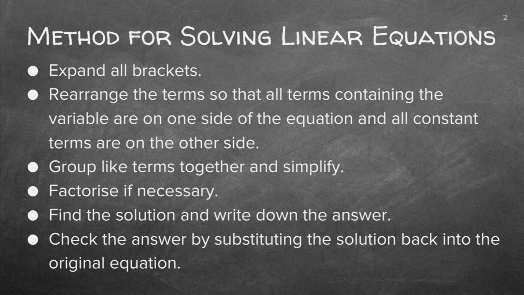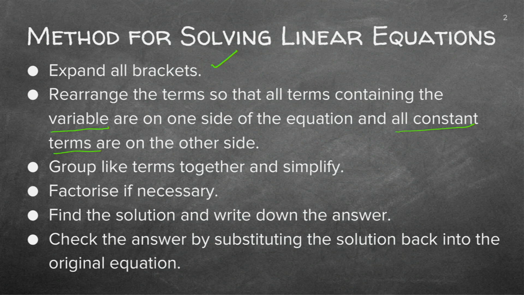The first rule always says expand all brackets. We always work with brackets first, no matter what. Secondly, we rearrange the terms so that all terms containing variables are on one side of the equation and all constant terms are on the other side.